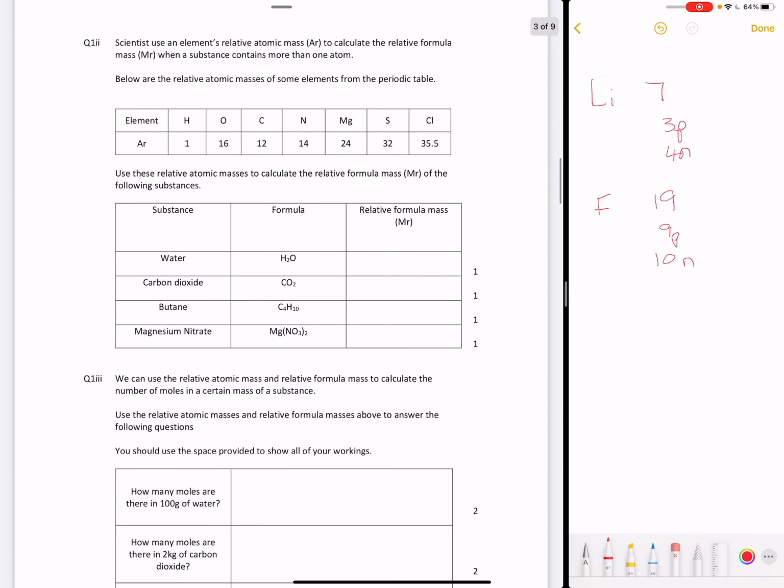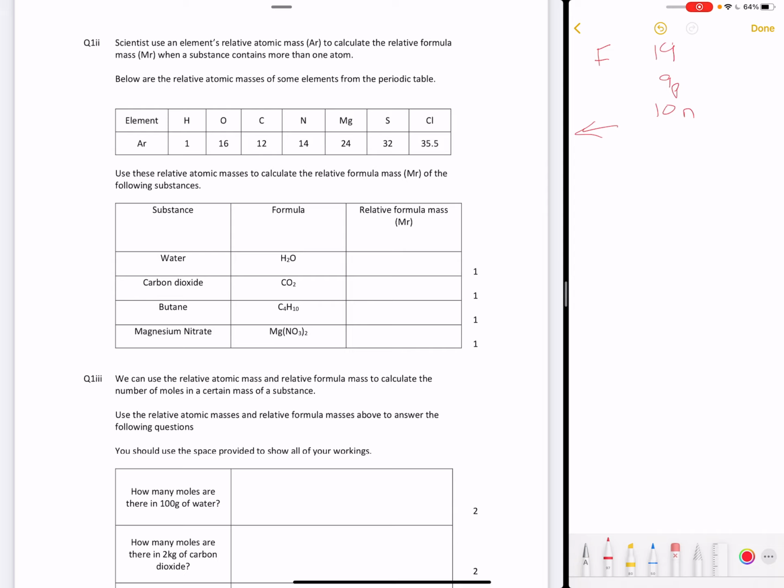If we move on now, the next part of this is where you need to work out the relative formula mass, or some textbooks call it relative molecular mass. And what you will need is the table here, which gives you the atomic mass of hydrogen 1, oxygen 16, carbon 12, and you can see the rest and so on.